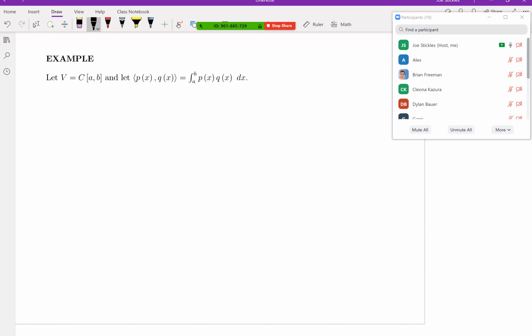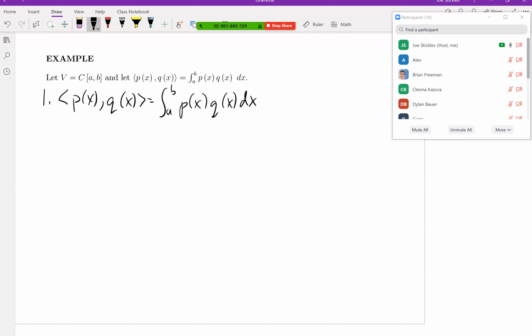So if we run through the vector space axioms, the first thing we need to do is show that the inner product that we have defined is commutative. So the definition is that we take the integral of the product. Well, these are real valued functions.